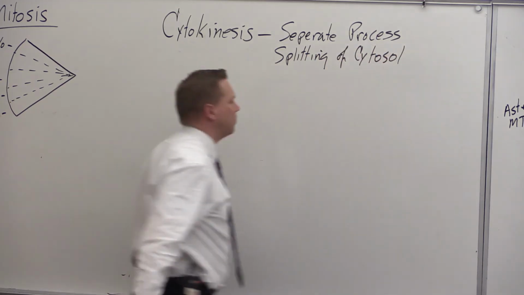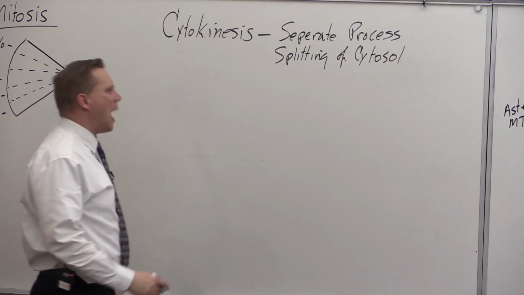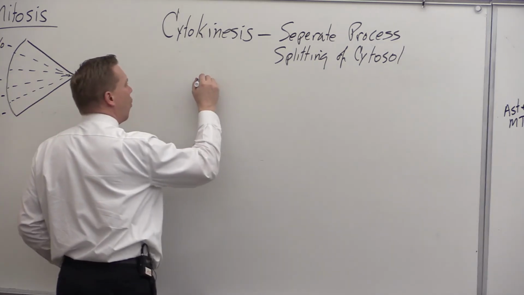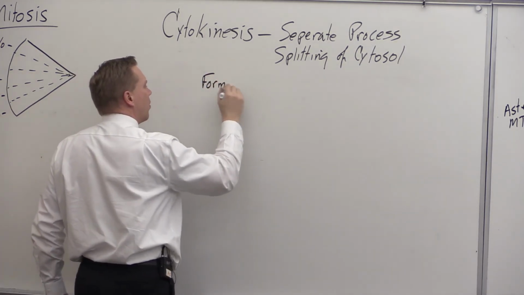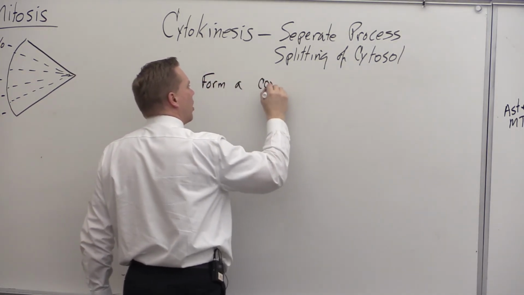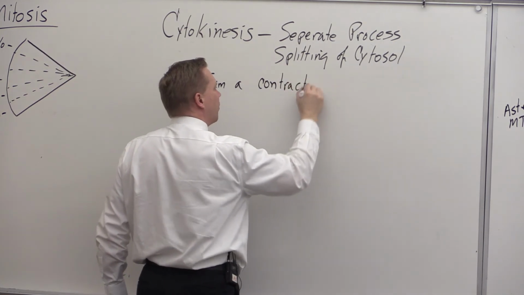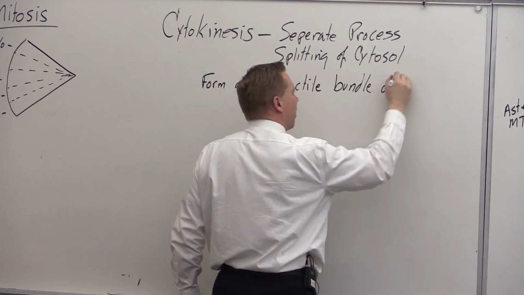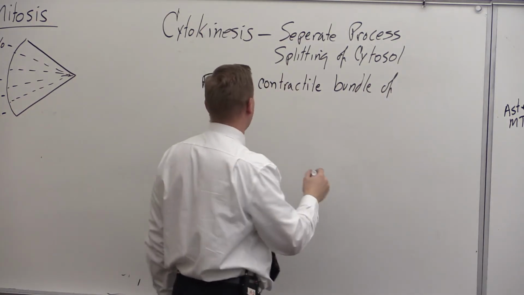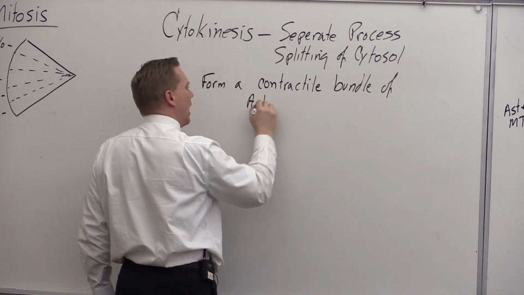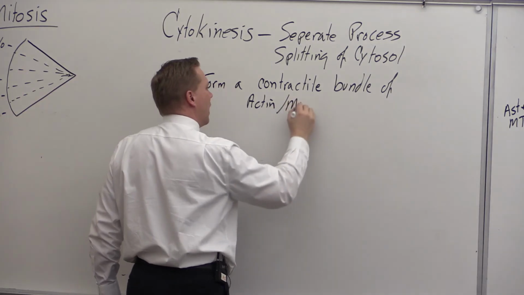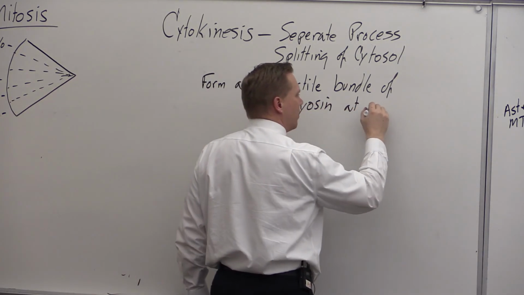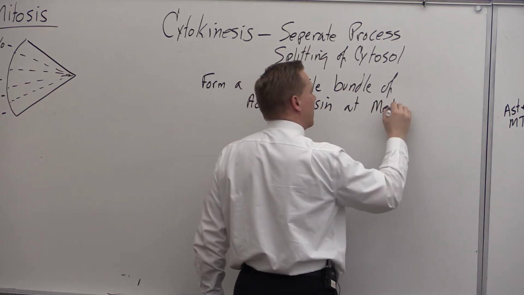And remember, this is the splitting of the cytosol. And what happens in this process is we are going to form what we call a contractile bundle of actin and myosin at the metaphase plate.